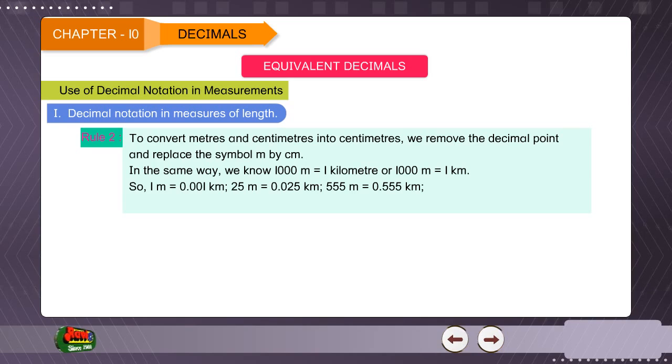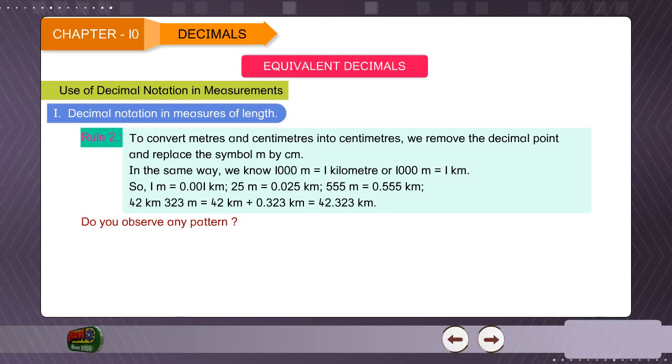So, 1 meter is equal to 0.001 kilometer. 25 meters is equal to 0.025 kilometer. 555 meters is equal to 0.555 kilometer. 42 kilometers 323 meters is equal to 42 kilometers plus 0.323 kilometer, which is equal to 42.323 kilometers.